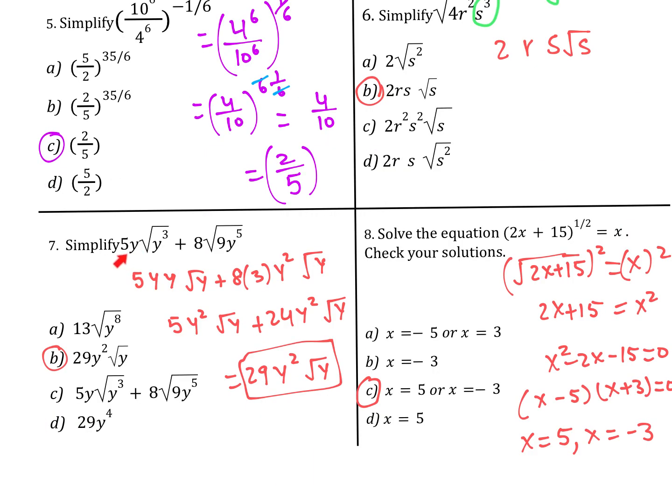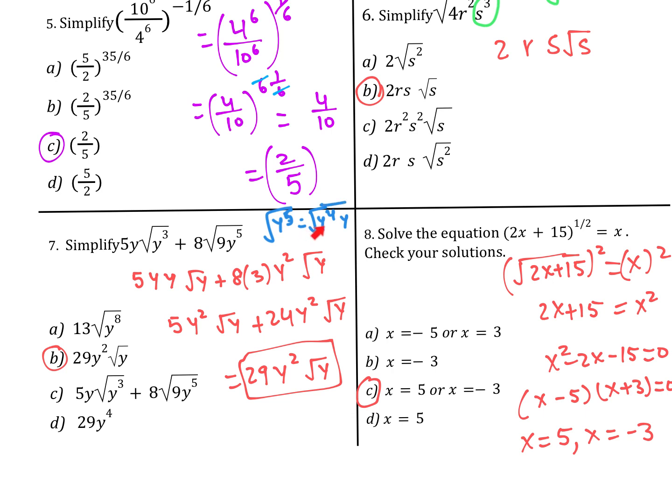Next we have 5y. Change this y cubed as y squared times y. Square root of y squared is y outside of the radical symbol, and one of the y remains inside. Now square root of 9 is 3, and then change this y to the power 5 as y to the power 4 times y.